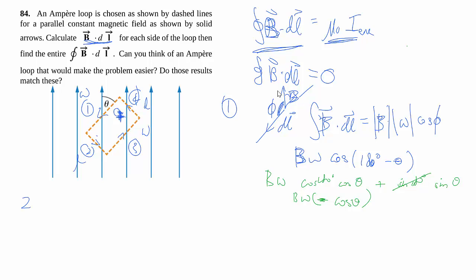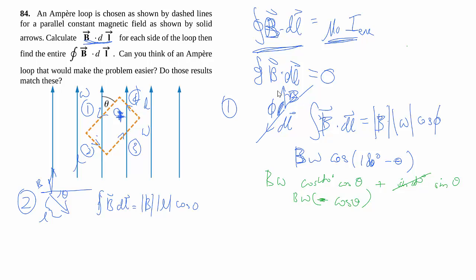Number 2, we have length L looking like that, and my B looks like this, where there's my theta. Again, we do this integral being the magnitude of B times the magnitude of L, because for the whole side it's going to be the same.